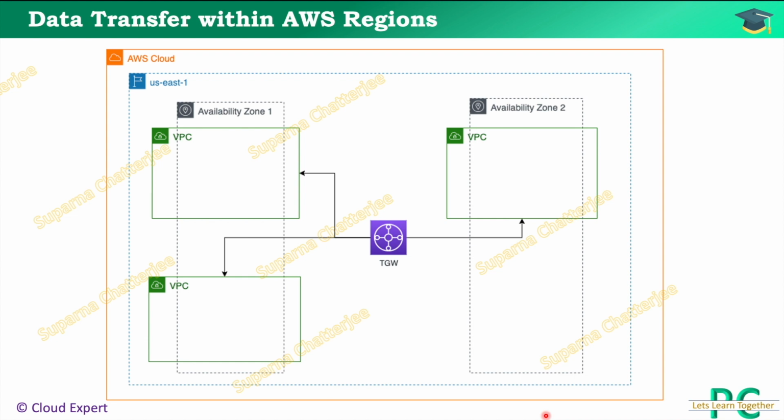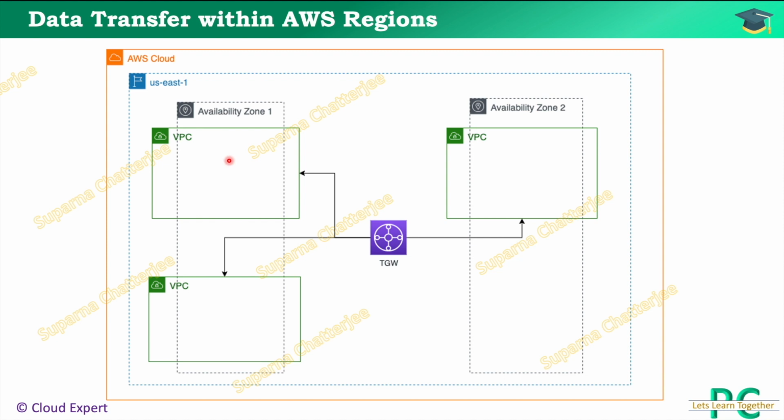In the previous example, we connected those VPCs using VPC peering and we saw how the charges will be. In this example, let's assume we have a transit gateway in the picture, and using the transit gateway, we are peering the VPCs inside one region, but the VPCs are in different availability zones.